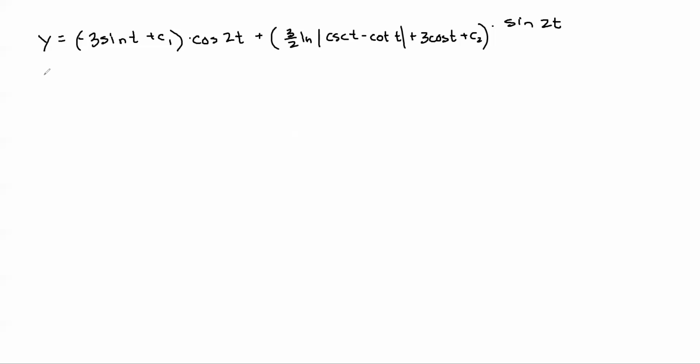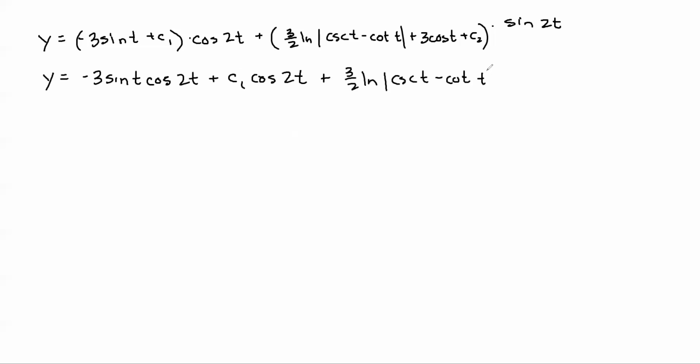If you go through and multiply this out, we get -3 sine t cosine 2t plus c1 cosine 2t plus 3/2 natural log cosecant t minus cotangent t sine 2t plus 3 cosine t sine 2t plus c2 sine 2t.